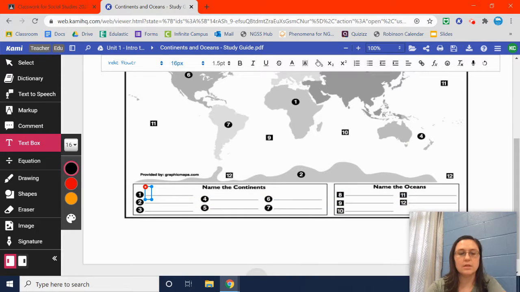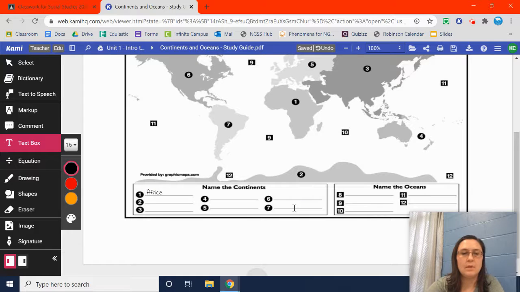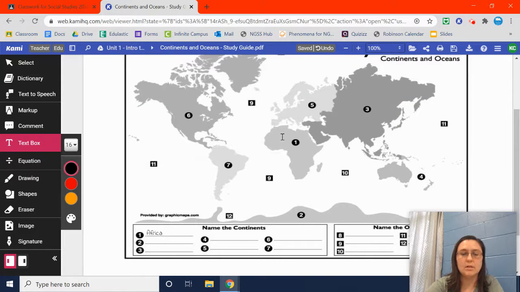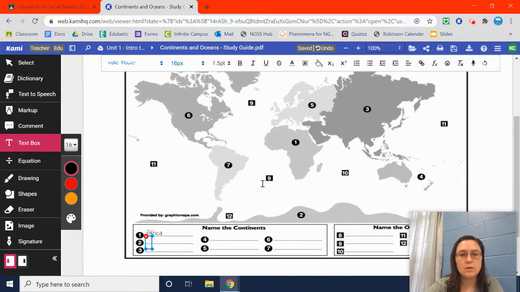This is the continent of Africa. That is going to be a continent we talk about quite a bit in American history. Number 2 is here. This is the coldest place. You should know this, Antarctica.